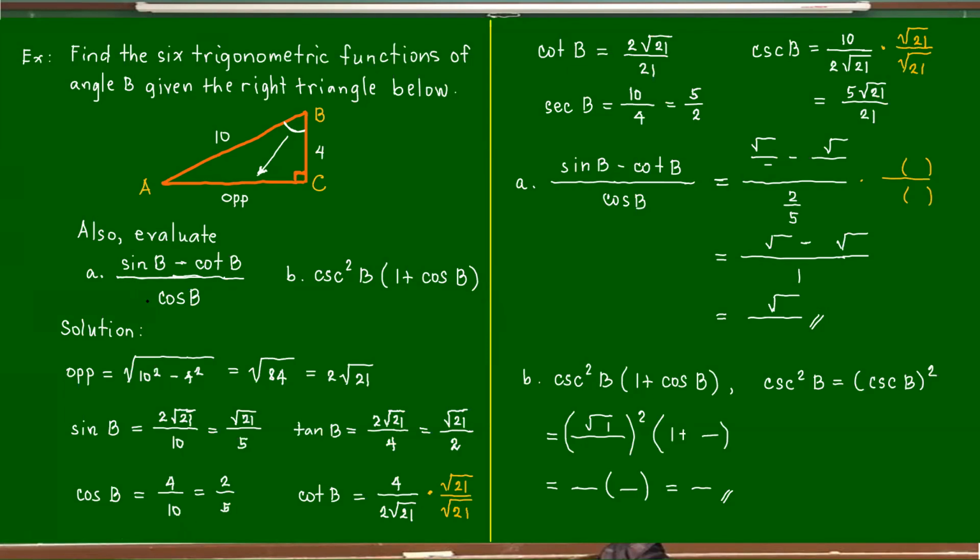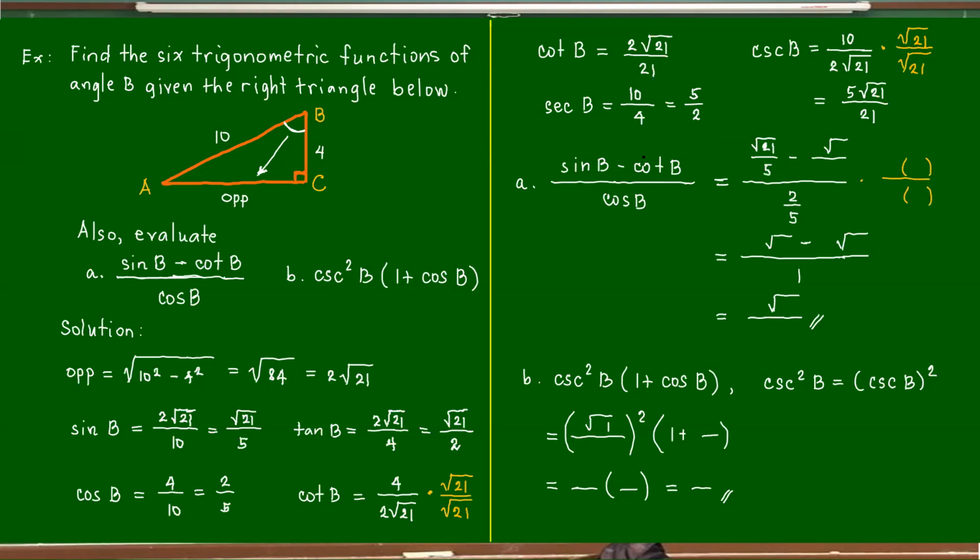Now next, evaluate the expression sine B minus cotangent B all over cosine B. So we have to replace its function involved by its value. For instance, sine B, we have already, is square root of 21 over 5.